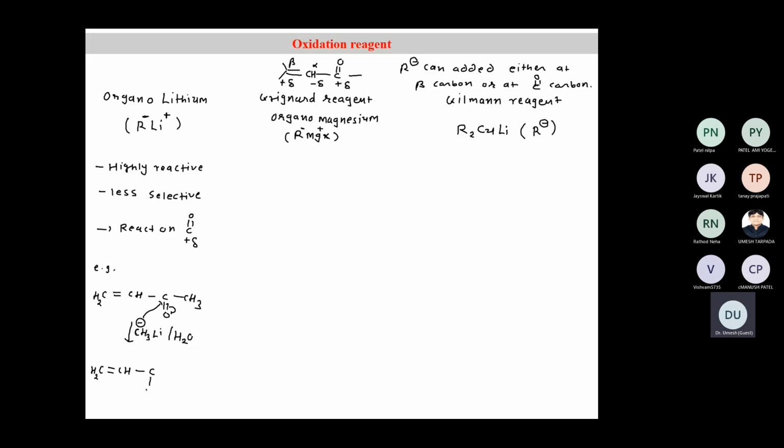So the oxygen gets converted to OH. In short, the reaction takes place at the carbonyl carbon. So this is about the application of organolithium.